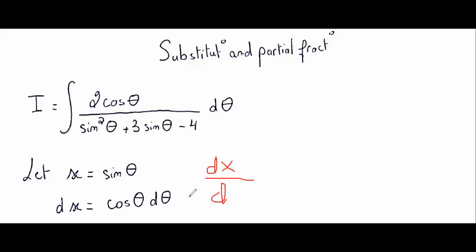Now, here in the numerator, we have cosine theta d theta. So this is going to be my dx.